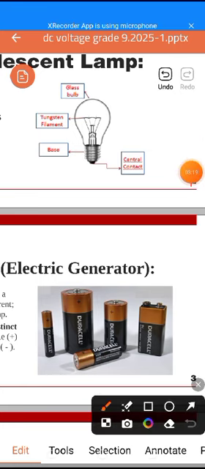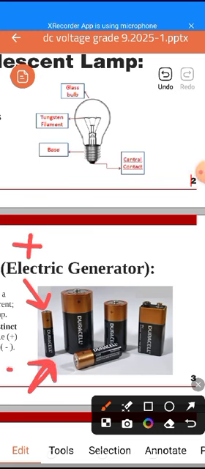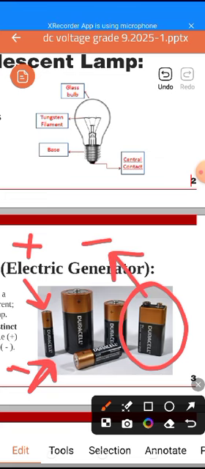One pole is positive, plus, and the second is negative, minus. When we want to connect the dry cell, we have to connect it from its two poles. Concerning this dry cell, the poles are next to each other. This is the negative pole and this is the positive pole.